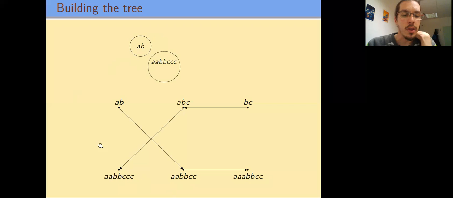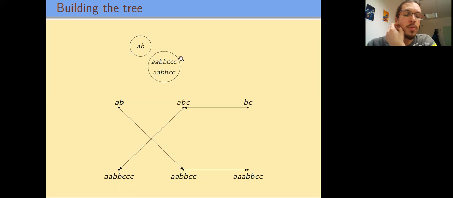If you look at AABBCC, you take the complement AB, and AB goes into AABBCC. So these two sets are put together. It's symmetric because of property 1. If there is an arc from AB to AABBCC, there is an arc from the complement of AABBCC to the complement of AB.